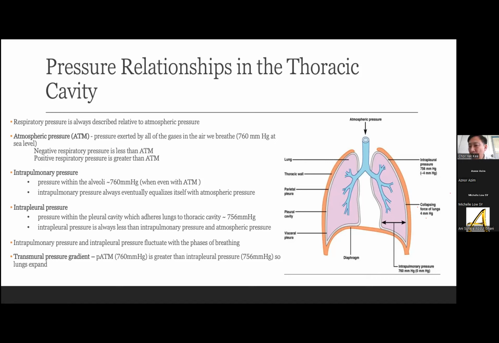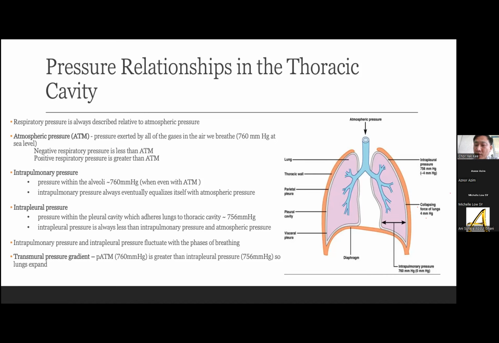There are two important factors that change the partial pressure when you inhale. The first is the temperature change, the second is the humidity change, and also the carbon dioxide concentration.